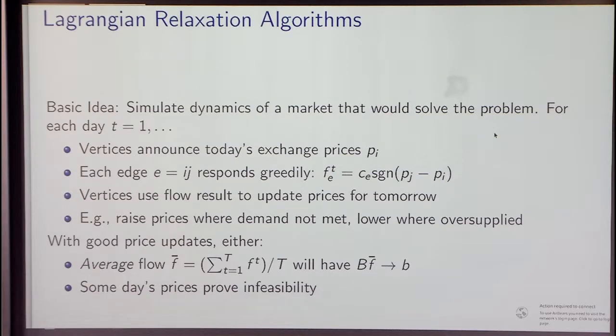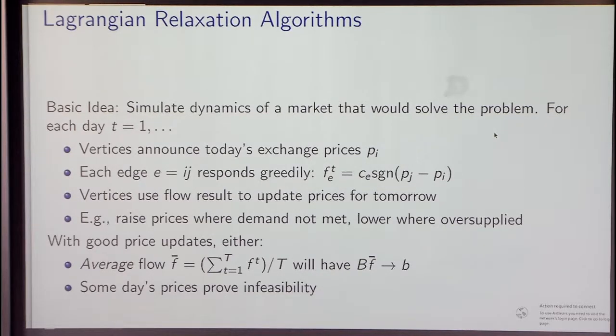And if there are vertices that were oversupplied, they're going to lower the prices there. And in fact, we'll see that if I take the singleton cut as my approximator family, the prices are just going to be completely local, dependent only on whether demand was met or not met at that vertex.